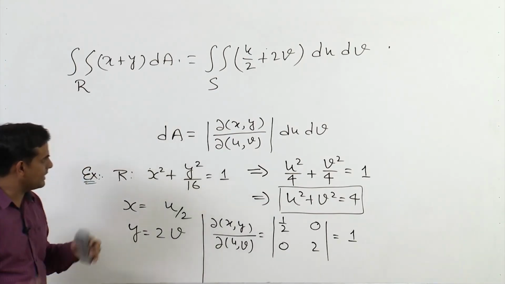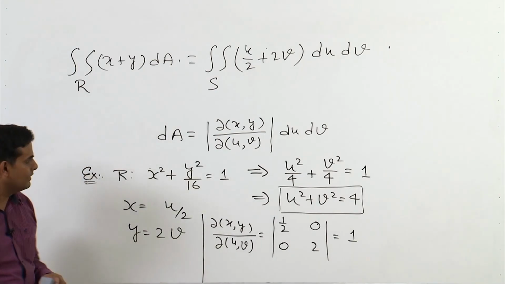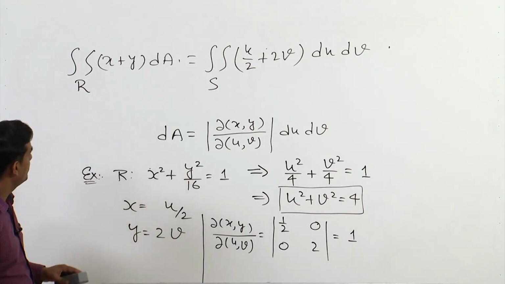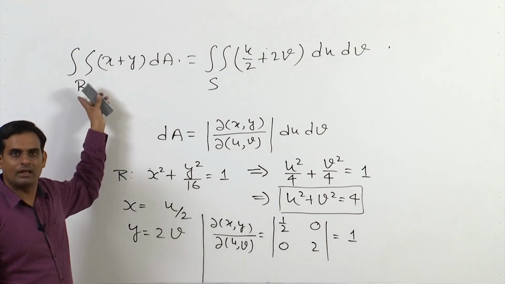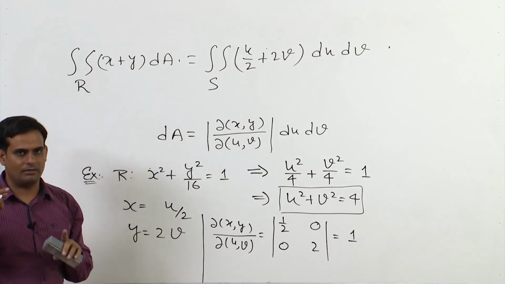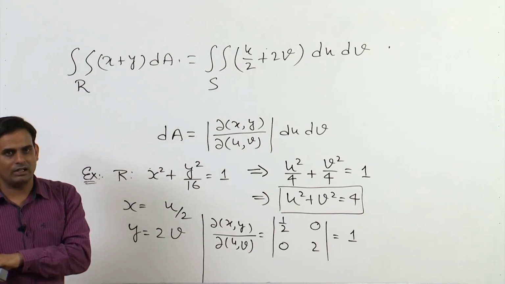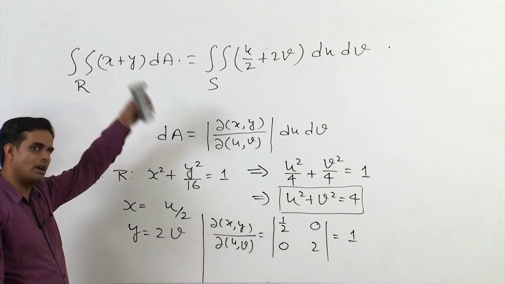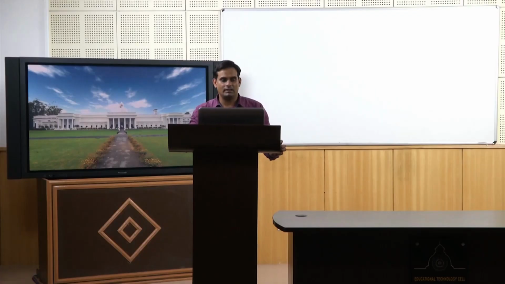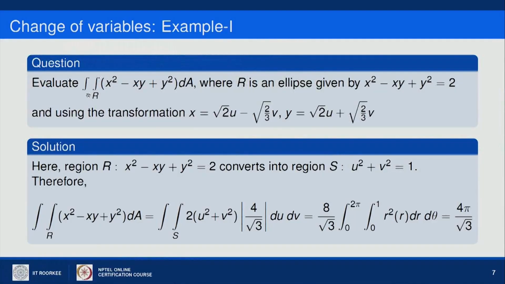Now, we will take some examples and I will explain. I will take an example where the earlier region is complicated, but later on it will become simple, and the function also. So, let us take this particular example. Here we need to evaluate x square minus xy plus y square over the region R, where R is given by the ellipse x square minus xy plus y square equals 2.